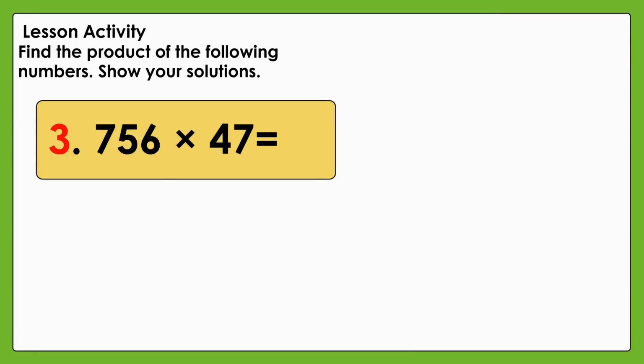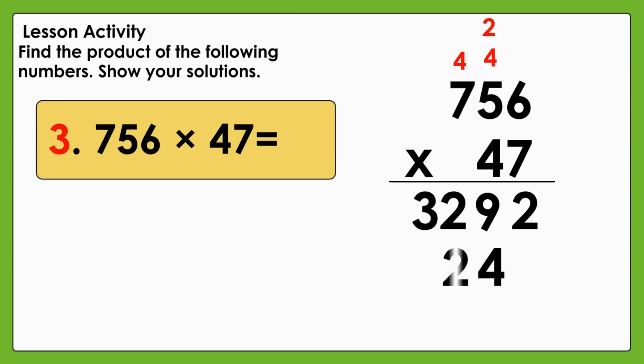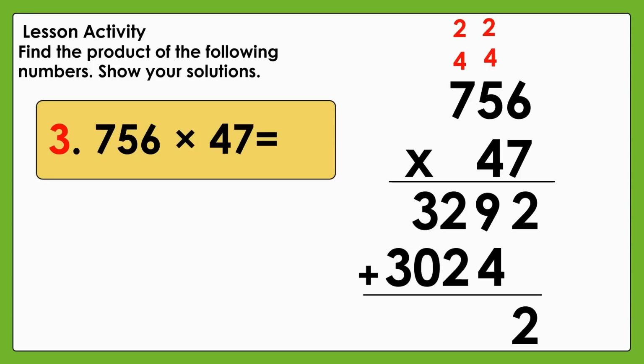Number 3, 756 times 47. The answer is 33,532.